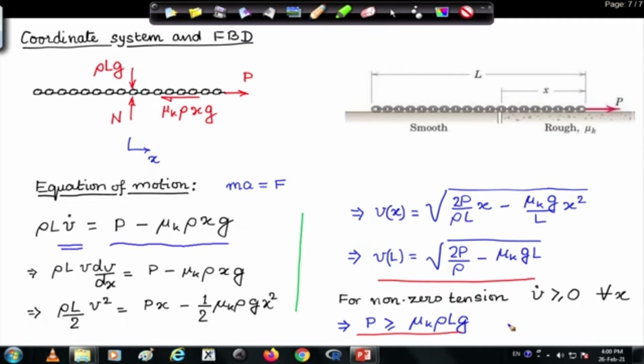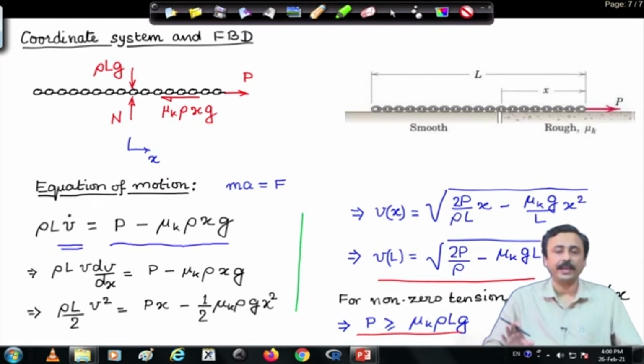This is very important in trains. In trains, braking is done on all the wheels. The reason is, if the brakes are applied only at the engine, at the locomotive, then the rest of the train will try to collapse onto the locomotive.